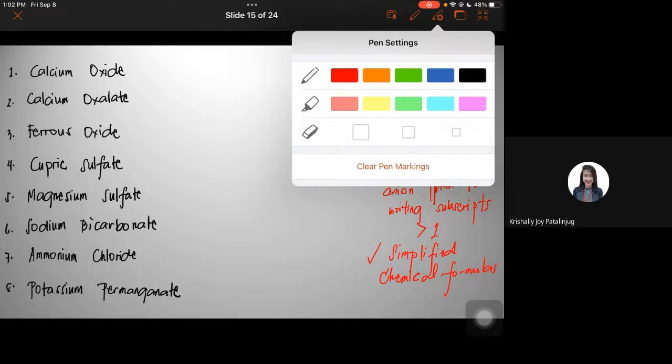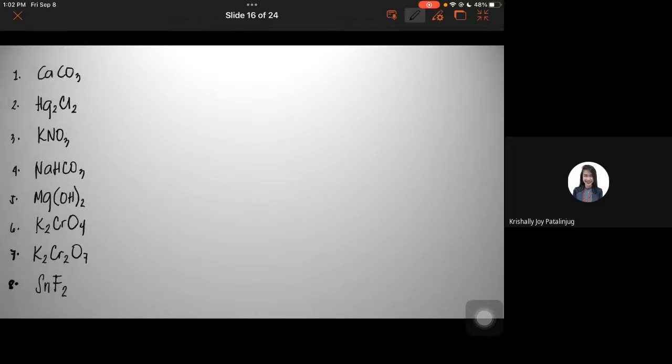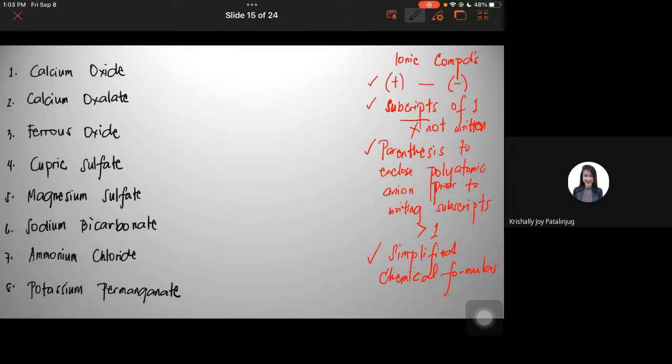Okay. So the given here are names of ionic compounds, and on the next slide, you are seeing chemical formulas of ionic compounds. So given the essential notes that I have written on the right side, let's try to write the chemical formula of the following ionic names. Let's have the first one, calcium oxide.